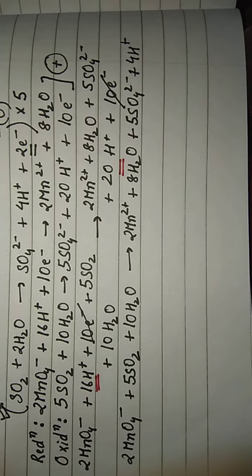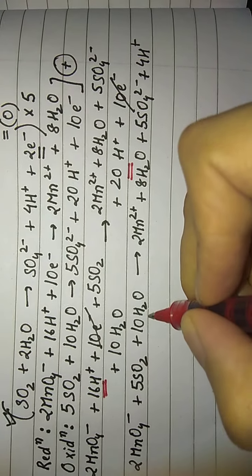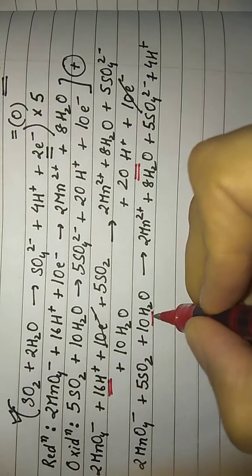Now again I have one more thing in common on the left and the right: 10 H2O on the left and 8 H2O on the right. So this 8 H2O can be subtracted from 10 H2O.